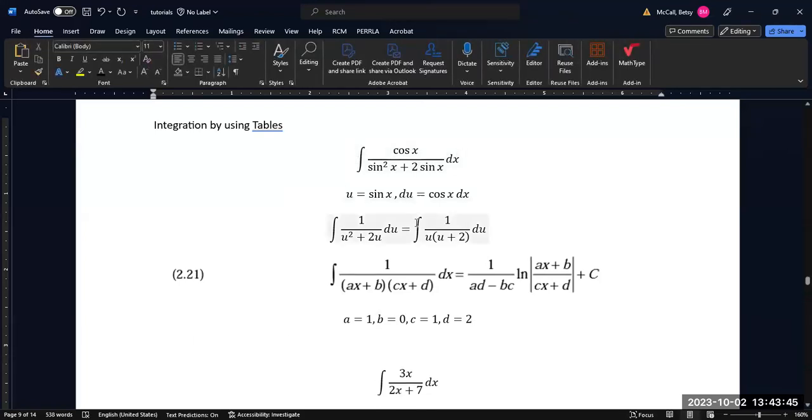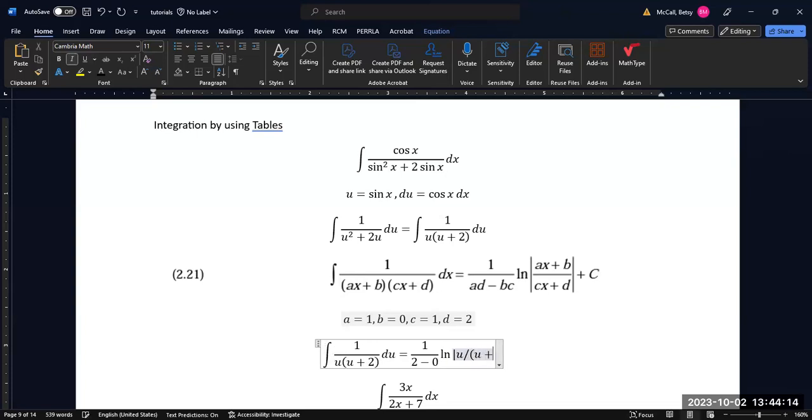And so this integral is going to be equal to 1 over AD, which is 2, minus BC, which is 0 because B is 0, times log of U, which is my AX plus B divided by CX plus D, so U plus 2, plus C. And so again, I can simplify this to just 1/2.